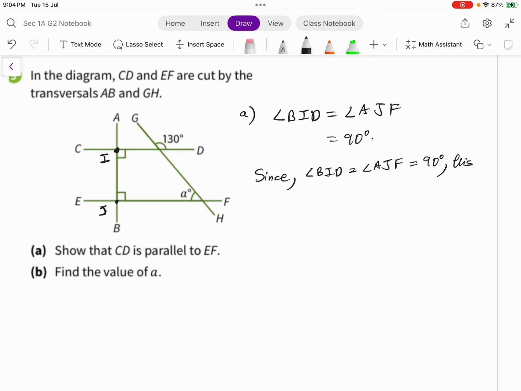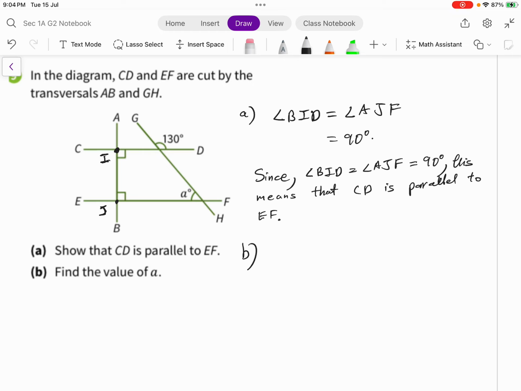This means that CD is parallel to EF. Okay, so we need to write this statement properly.